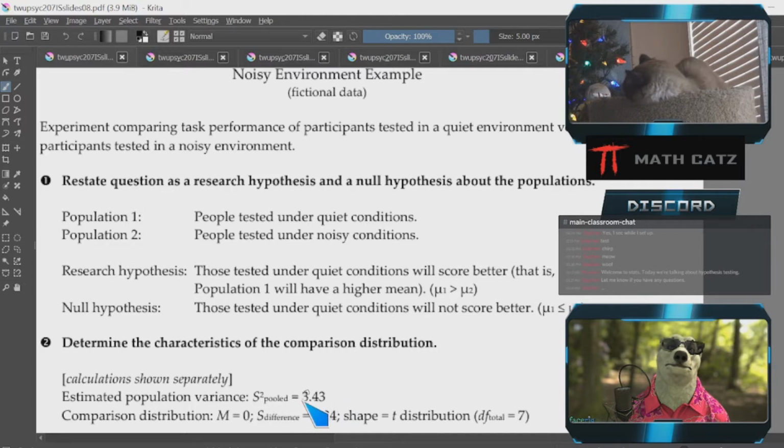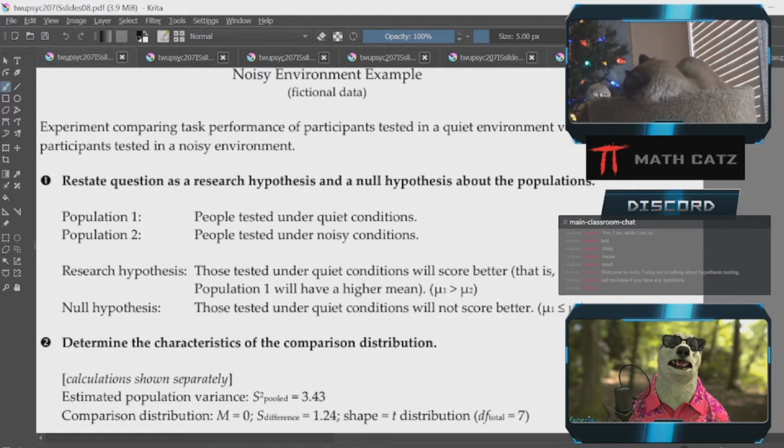So we'll see how we get this 3.43 in a second. Then our comparison distribution will again look at the distribution of the difference between these two samples, or rather the distribution between these two populations.